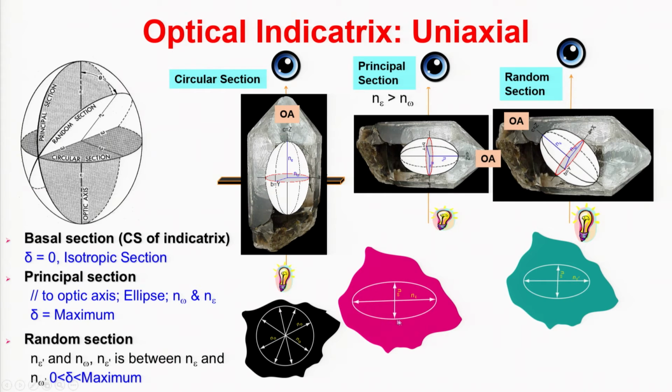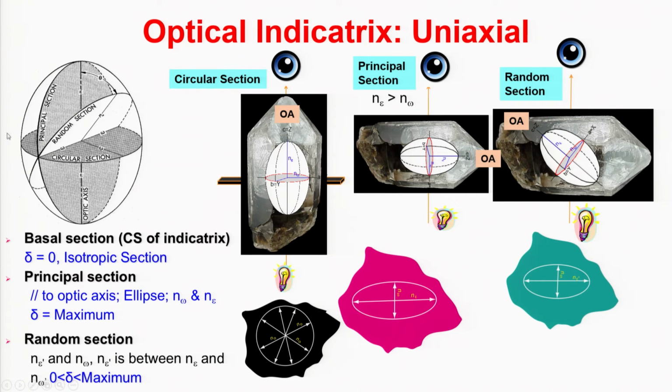In this optic orientation, that is in the principal section of the indicatrix, you have the maximum birefringence. So, this will be the optic orientation suitable for determination of the true order of interference color of an anisotropic mineral, in this case a uniaxial mineral.